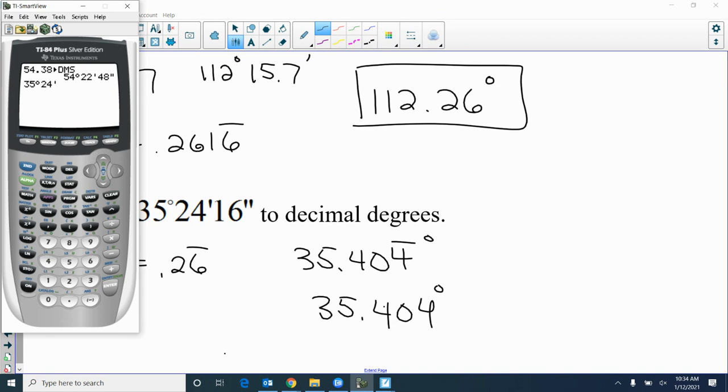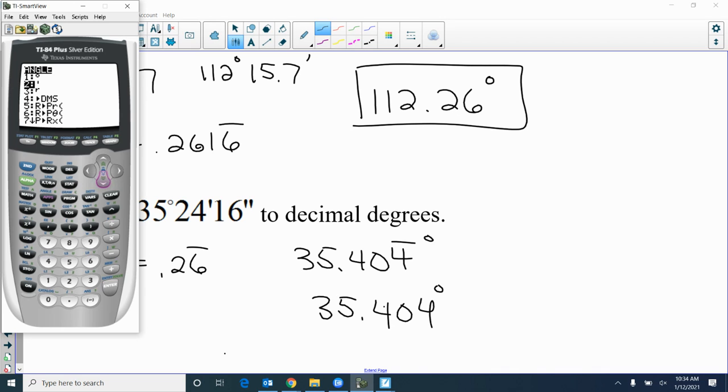They're not under the angle menu, and I cannot tell you why. I should probably Google that at some point. You have to hit alpha and the plus sign, and then when you hit enter, you get the same thing, 35.404 repeating. So yes, your calculator will do a lot of this for you.